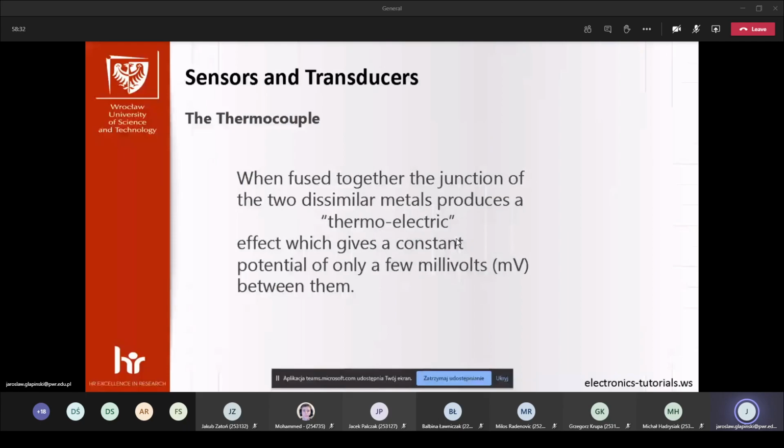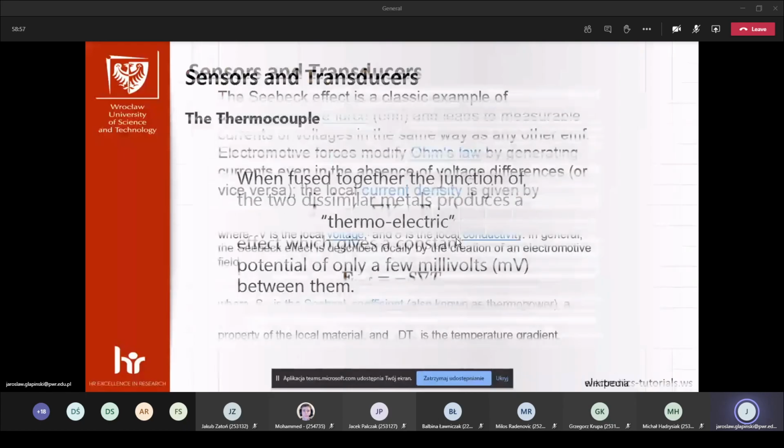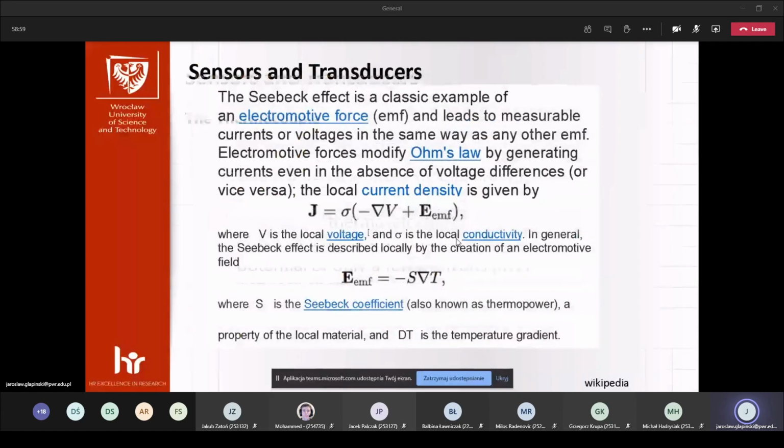Generally, if we fuse together the join of two dissimilar materials, so two different materials, there is a production of a thermoelectric effect, which gives us a constant potential voltage. Generally, it is not a very high voltage, but it is in millivolts, and we can amplify this voltage.